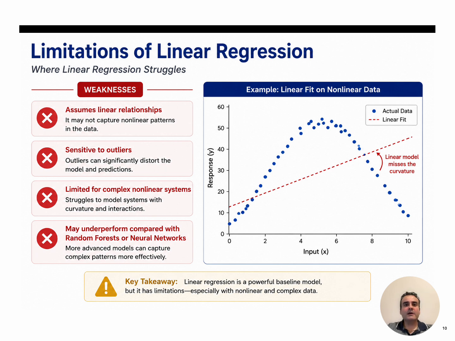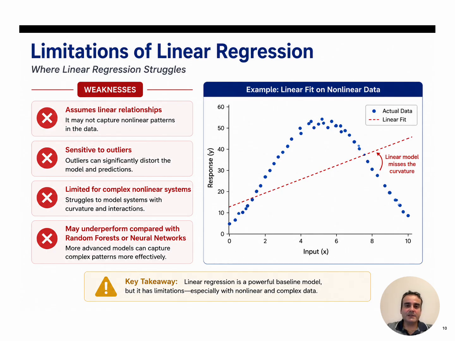Despite its strengths, linear regression has limitations. It assumes that the relationship between inputs and outputs is linear. This can be problematic when the true relationship is nonlinear, as shown in the example. Linear regression is also sensitive to outliers, and extreme values can strongly influence the fitted line.